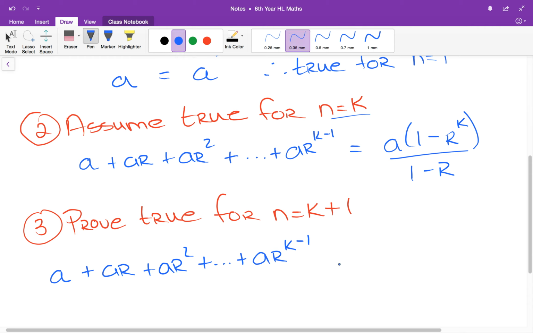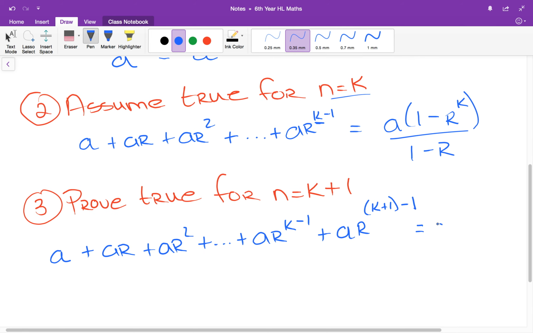I'm going to keep this term, and I'm going to add on the k plus 1 term. So it's going to be k plus 1 in place of the k, and then I still have a minus 1. And that's a times 1 minus r to the k plus 1 over 1 minus r.